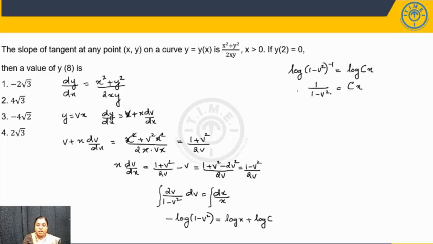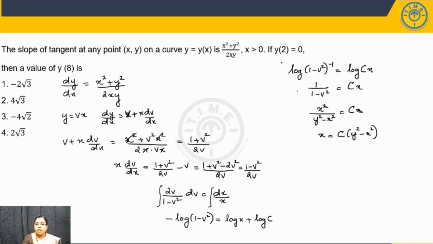Replacing v by y square by x square, we have x square by y square minus x square equal to cx. Let's cancel out one x so that we'll get x equal to c into y square minus x square.